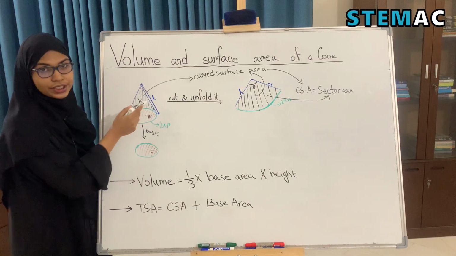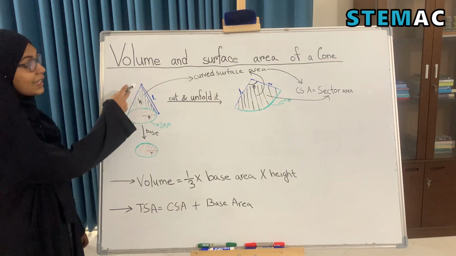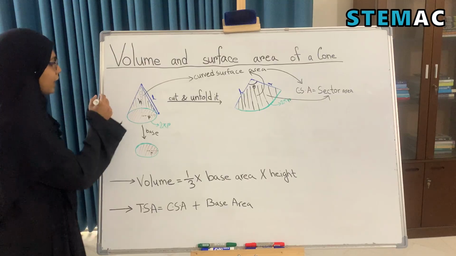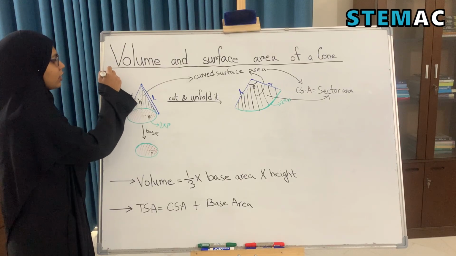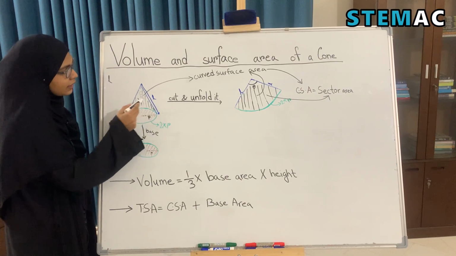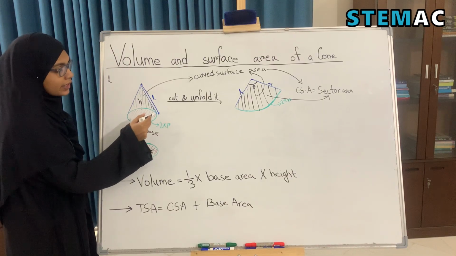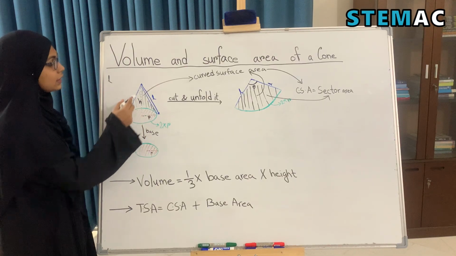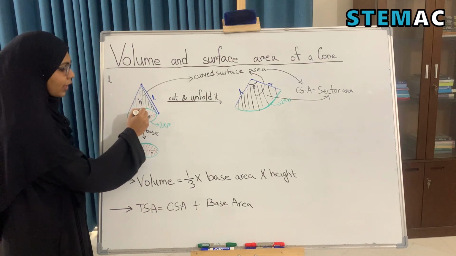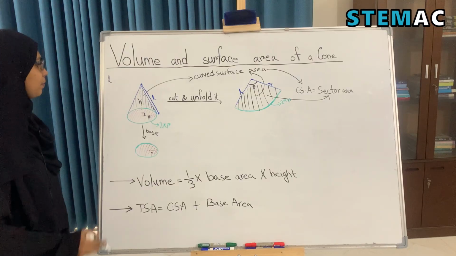This thing denoted here as L is the slant height of the cone, and this slant height, the vertical height, and the radius of the base form a right angle triangle for a right cone.